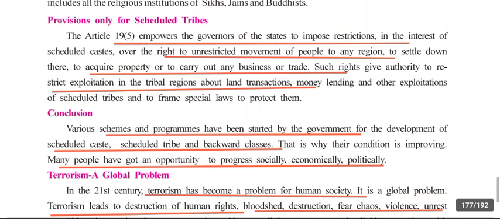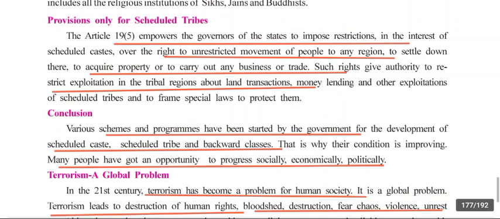For example, right now in the epidemic situation, we have been restricted from moving freely, which was our fundamental right, in the so-called interest of the general public. But that power has been given to the government in cases of extreme necessity.